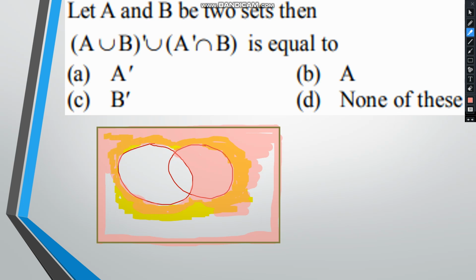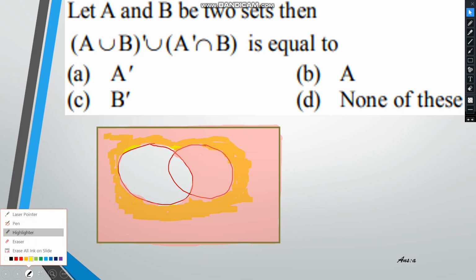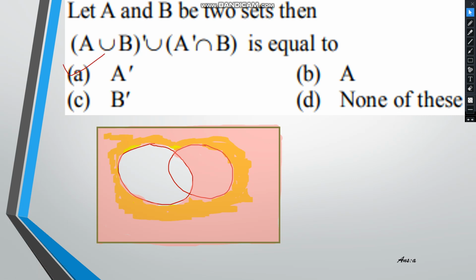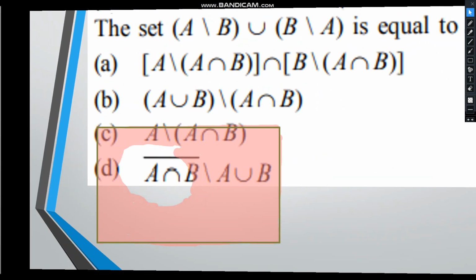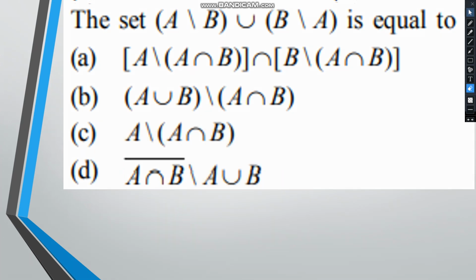I'm just stating the entire thing for our better understanding. This is A complement, so our answer is option A. Option A.